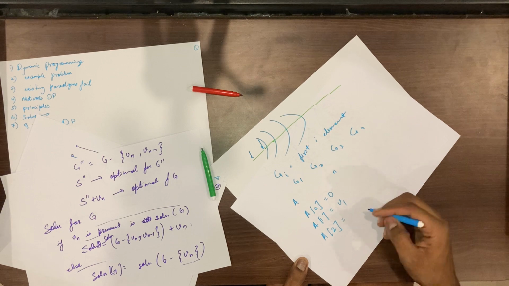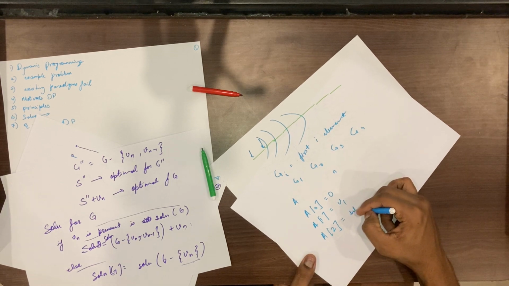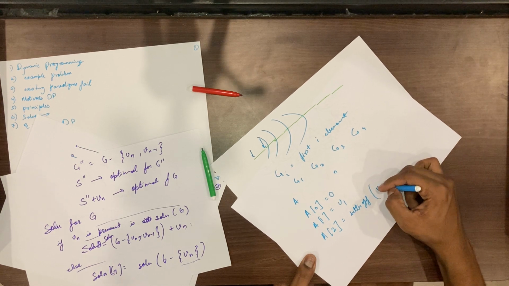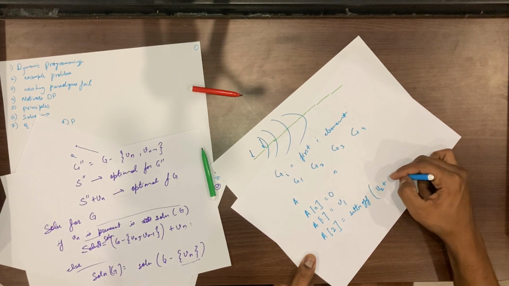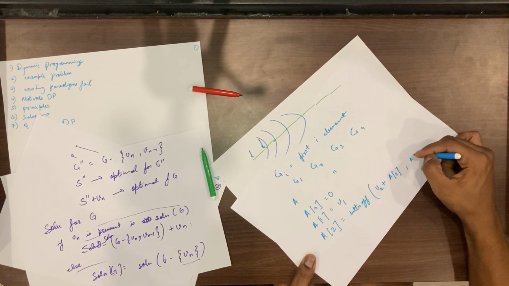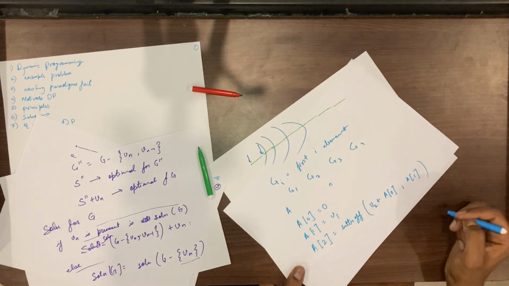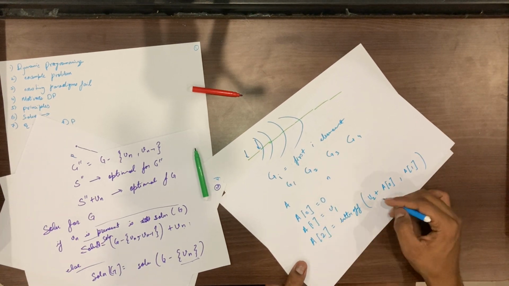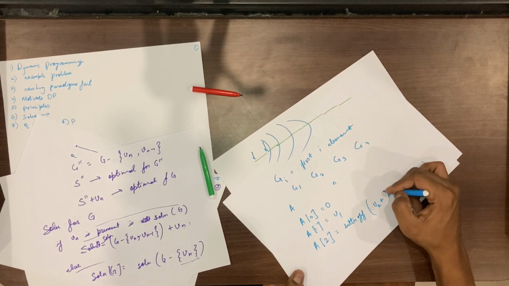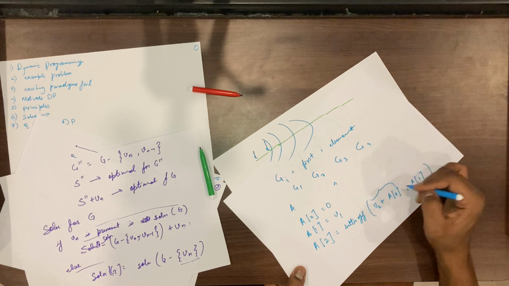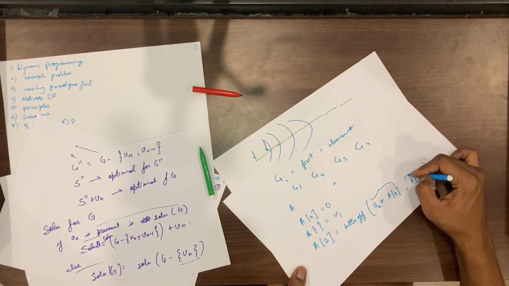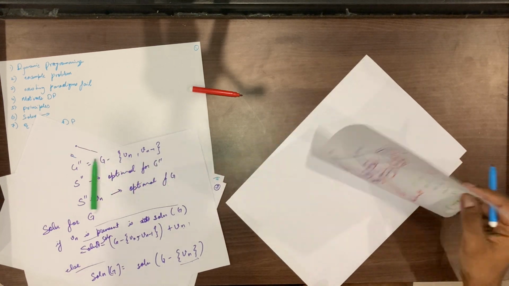So it will be whatever is the better of these two options, v2 plus A of 0, or A of 1. Do you see what I'm doing here? I've excluded the last two vertices in this case, and I've excluded the current vertex, that is just the v2 vertex, in this case.